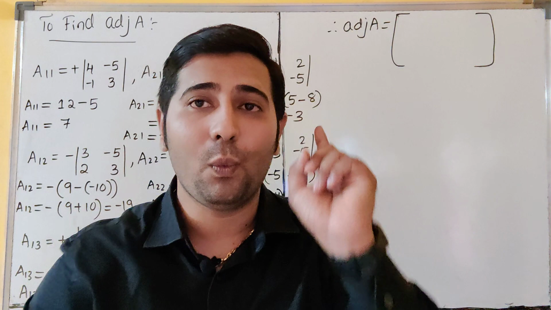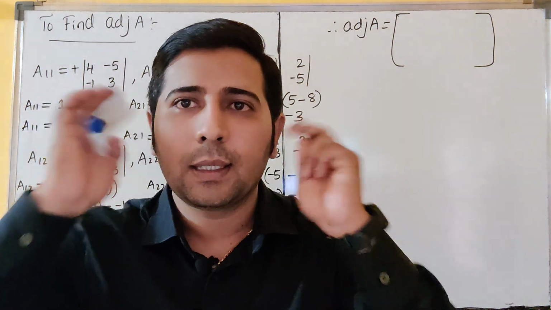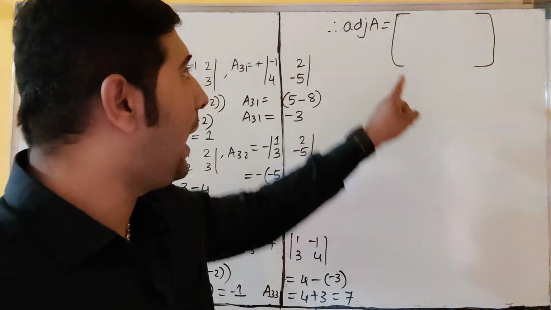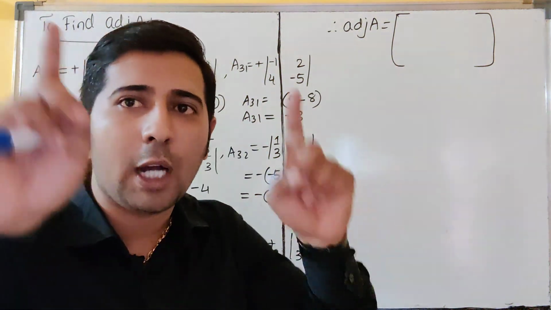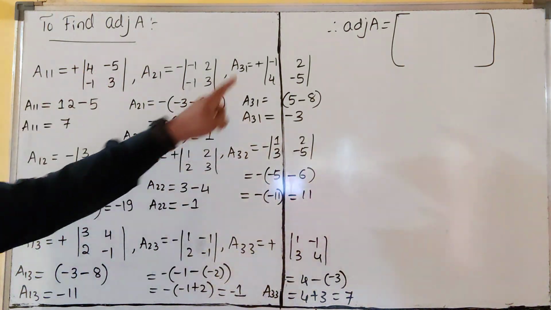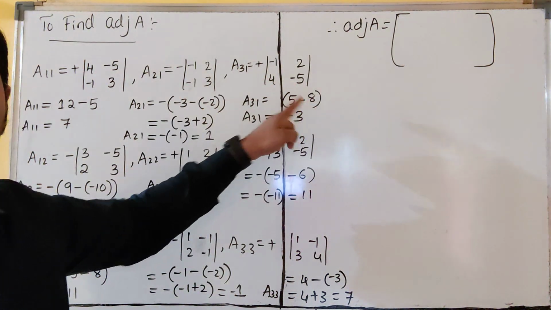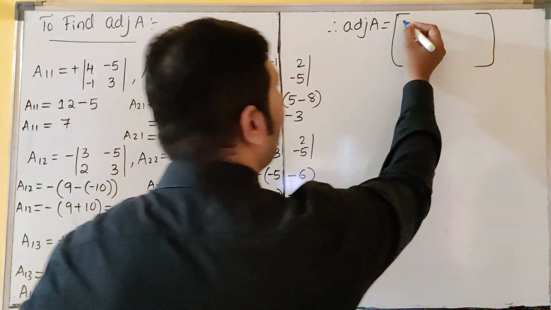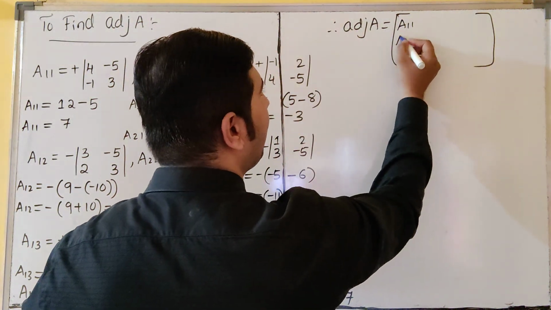Keep in mind. Once again I am reminding. Open your ears and listen properly. Got it? So I am writing in matrix, not in determinant. Here see, I have written in determinant. Every part you observe clearly. So now see, A11. So this is adjoint of A, it is nothing but like this.